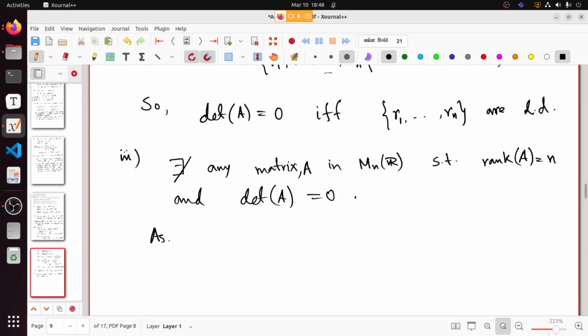As the rank of A is n, if and only if the nullity of the corresponding linear transformation LA is 0.